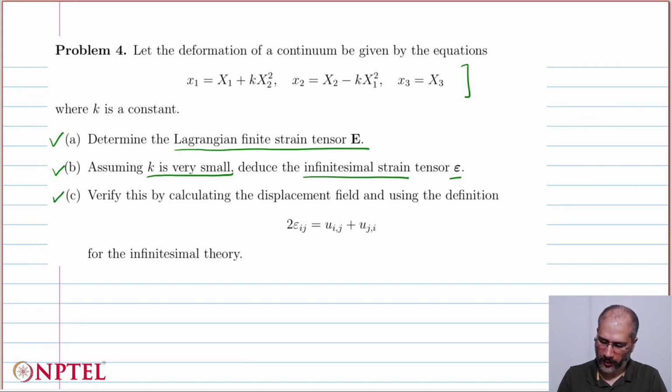And thirdly, we have to verify this epsilon that we have gotten in part B with the definition of epsilon obtained from displacement gradients. So let us solve the problem.